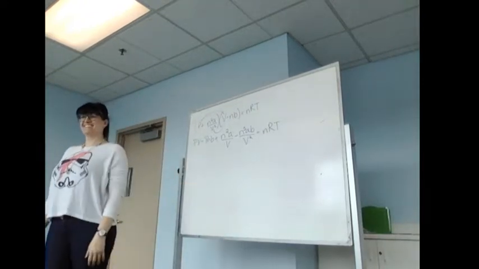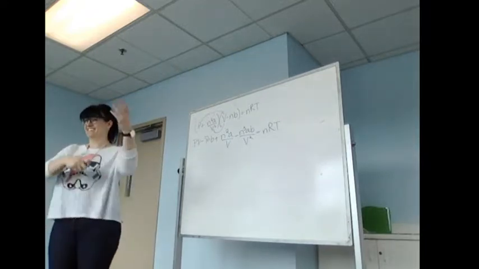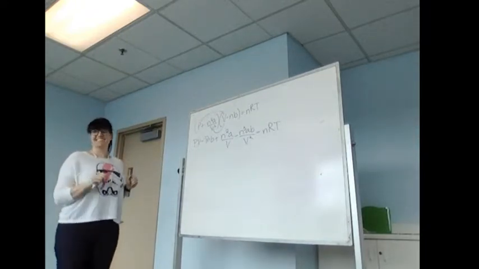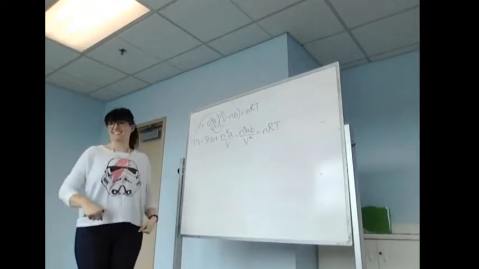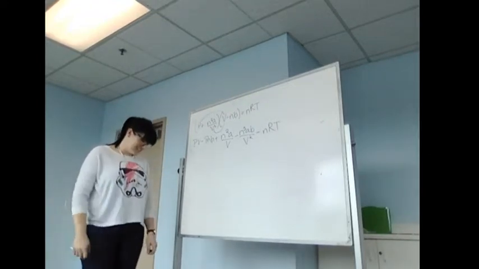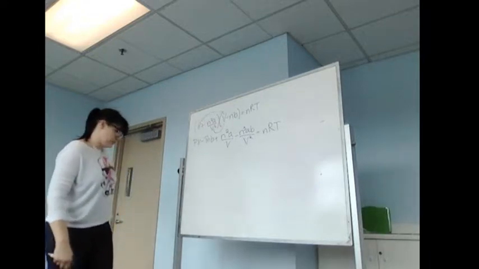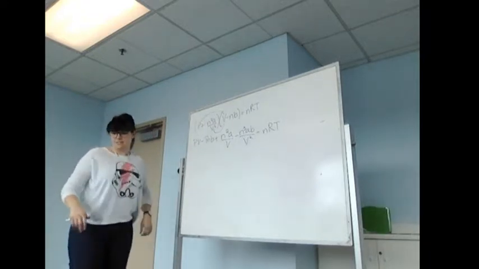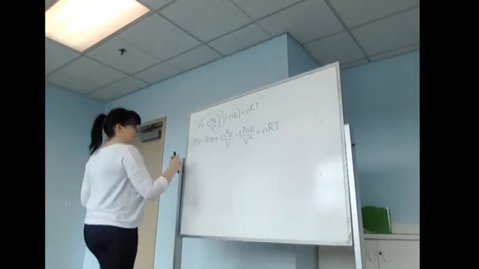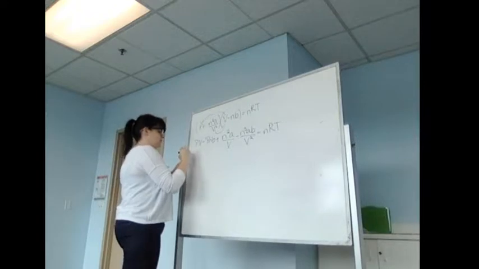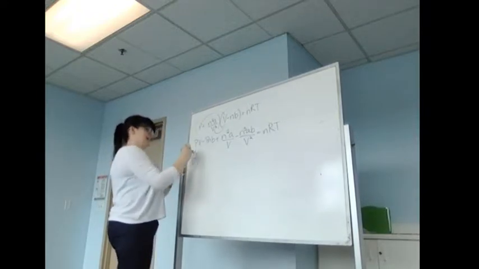Everybody follow so far? Excellent. I feel much happier today that I am professional. Okay, so let's differentiate. We're differentiating the change in volume with respect to pressure, correct? Yes. So what is dV over dP?